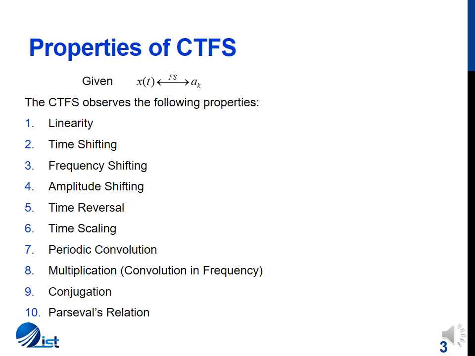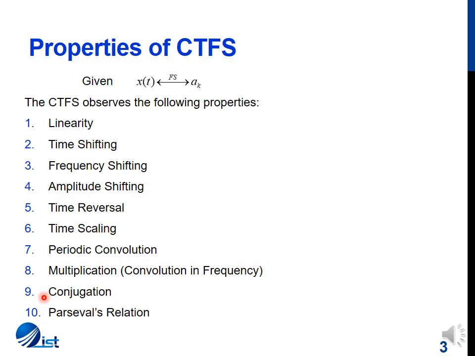We'll be studying 10 properties of continuous time Fourier series. As always, whenever I introduce properties of some transform or some method, these are not all the properties that exist for continuous time Fourier series.